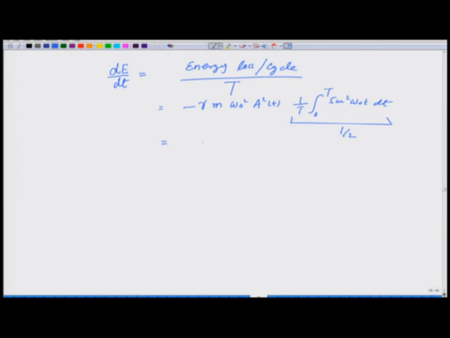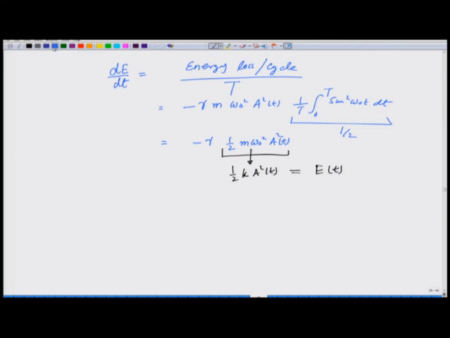So, energy loss dE by dt is minus gamma 1/2 m omega 0 square A t square. A t again we mean, for a few oscillations it remains the same. But what is this? m omega 0 square is k. So, this is 1/2 k A square t, which is nothing but equal to the energy at time t.